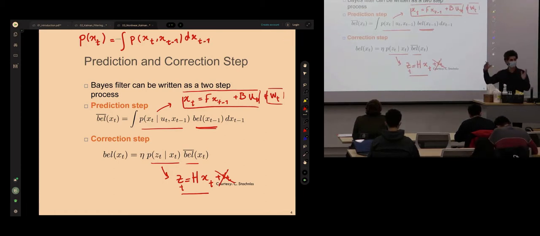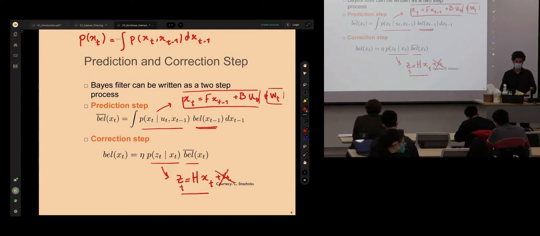Of course, it can be any other variable, but we're interested in a recursive form, so we look into the joint distribution of x_t and the previous step. This is true, and you don't need any particular model. This just follows from the laws of probability. You can integrate out any variable.